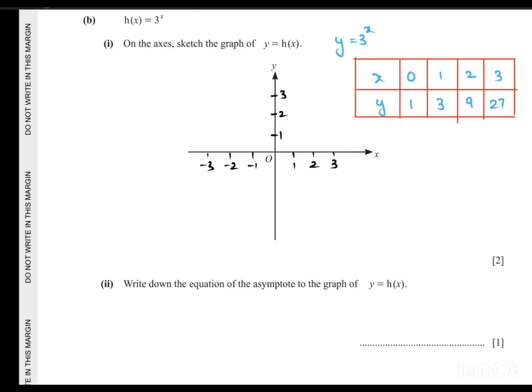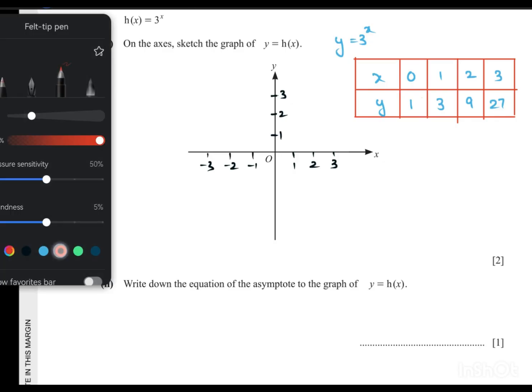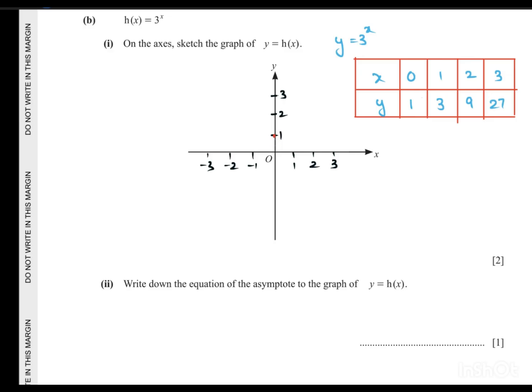So 1 and 0 I will mark here. This is 0 and 1, and 1 and 3.